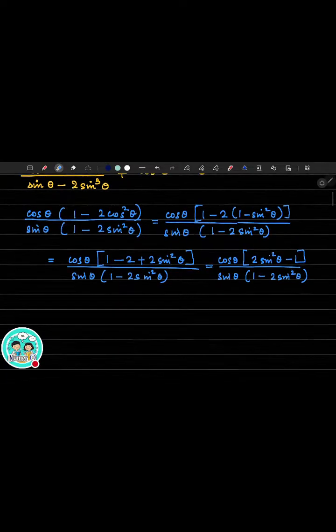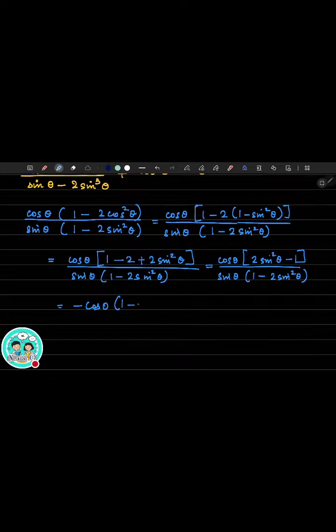You have to take one negative common out. If you take minus 1 common out from this term, the signs within the bracket will get reversed. So your 2 sin square will become minus 2 sin square, minus 1 will become plus 1.